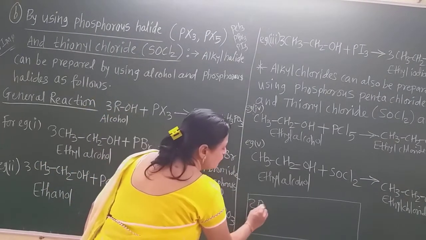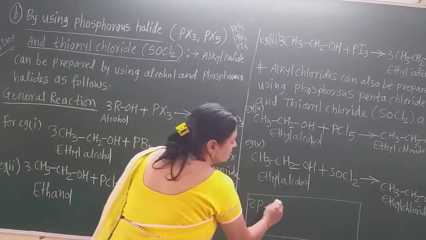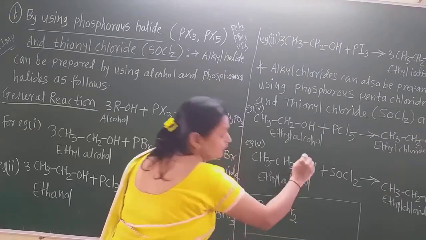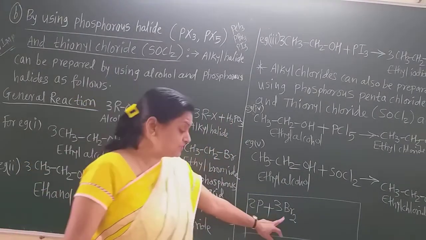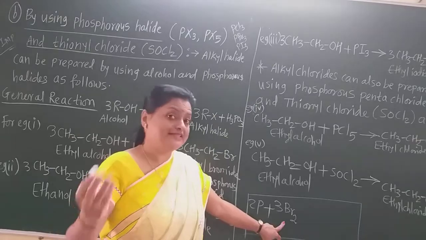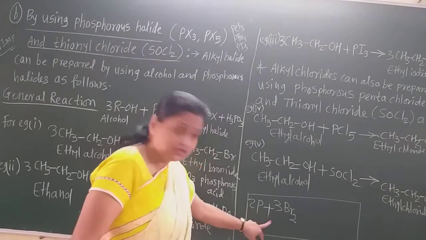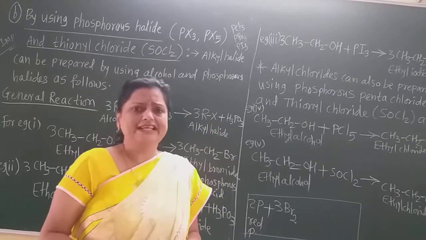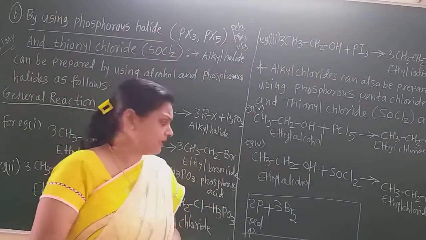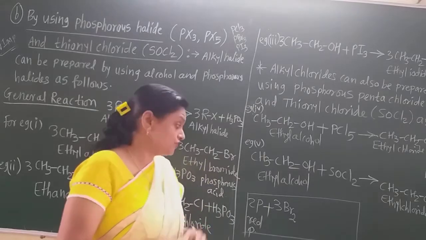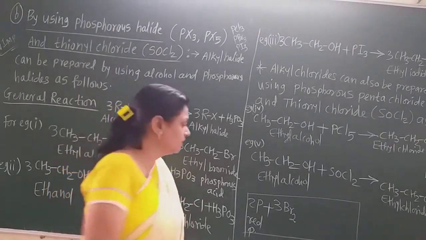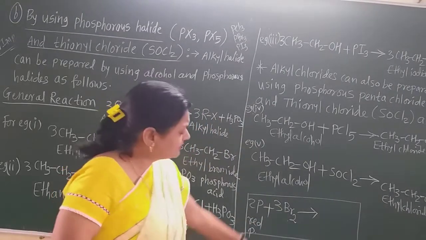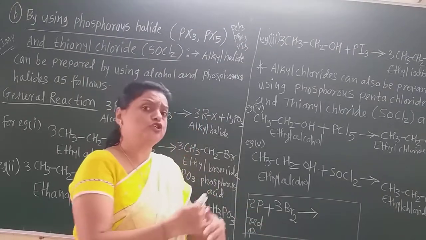When 2 moles of phosphorus react with 3 moles of any halogen, suppose take bromine here, Br2. We know that we always write bromine as Br2, chlorine as Cl2, iodine as I2. When these two react, this is the red phosphorus. And you can write down this reaction in square brackets for your knowledge of how the phosphorus trihalides are prepared. You can take I2 also, same, or chlorine also, there is the formation of phosphorus trihalide.